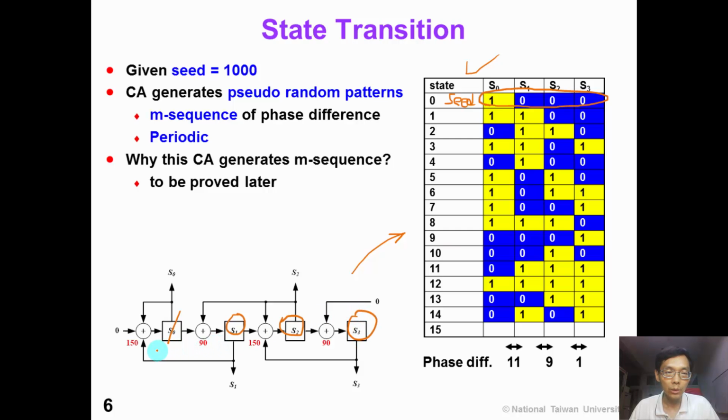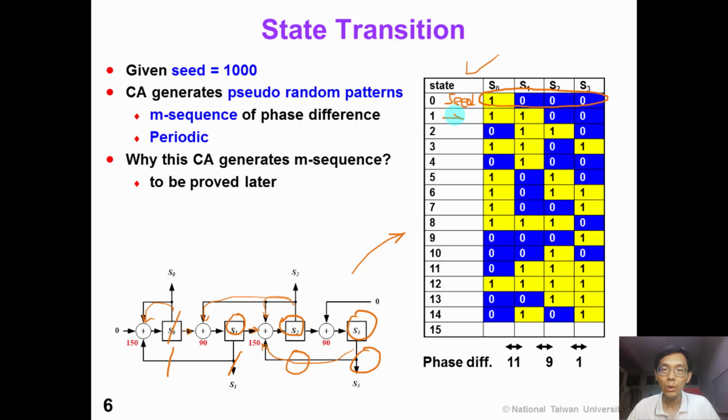After one cycle, this bit will be 1 again, and the second bit will be 1 inclusive or 0, so it will be 1, and the third cell will be 0 inclusive or 0 inclusive or 0, so the third bit is still 0, and similarly the last bit is still 0.